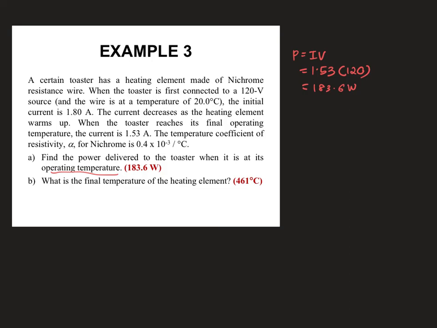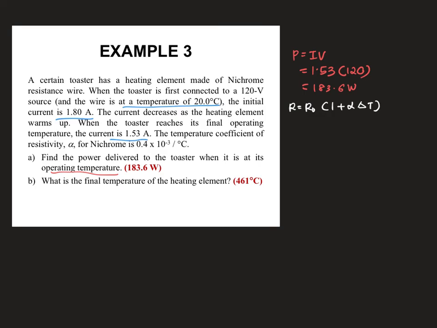Now we are going to find the next one, which is the final temperature of the heating element. We have the reference temperature at 20 degrees. The current here is 1.8 ampere, and when it reaches the operating temperature, it reaches the value of 1.53 ampere. We know that the resistance is R equals R naught times 1 plus alpha change of temperature.